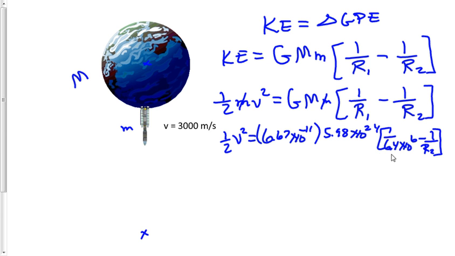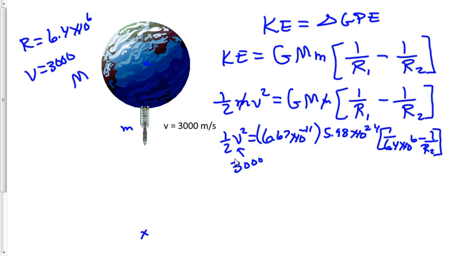Now again, the radius of the Earth in meters is 6.4 times 10 to the 6th. And then the velocity there equals 3,000, so plug 3,000 where you see the velocity.